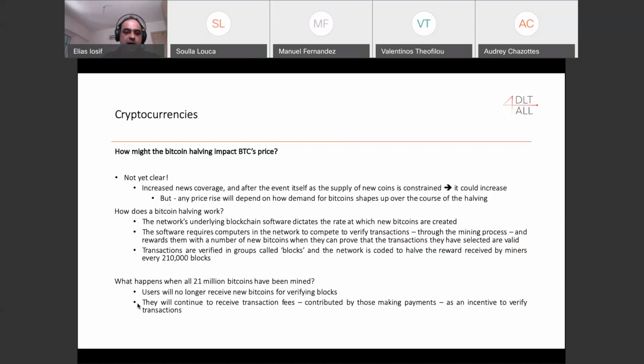So some phenomena like halving, etc., occasionally affect the price of cryptocurrencies, like the recent halving of Bitcoin. However, as briefly explained later, forecasting is not trivial.